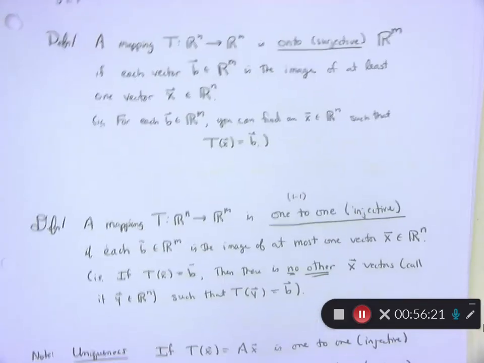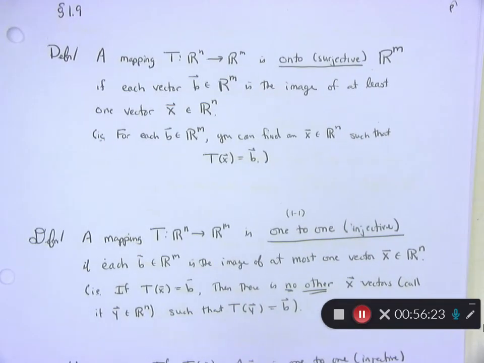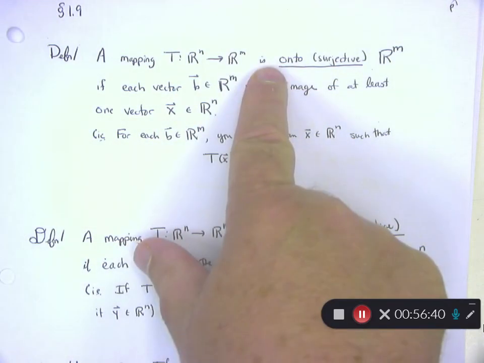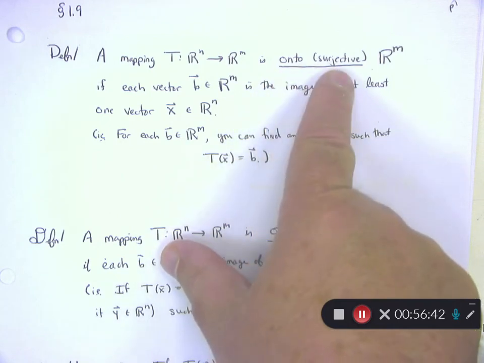Okay? So, more definitions, as if you guys don't have enough, but I warned you guys about an introduction to class. Definition. All right, a mapping T going from Rn to Rm is onto, or surjective.